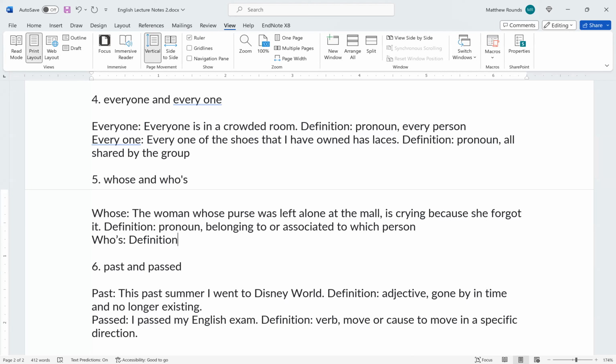Not the definition, sorry. It's a part of speech. Contraction. Okay, and the definition is who is. So you're basically writing a sentence with the words who is. Who's there? That's too simple though. I don't recommend that. Let's strive for 7 words or more, which you've been able to do. So go ahead and type something. It's usually going to be in the form of a question.